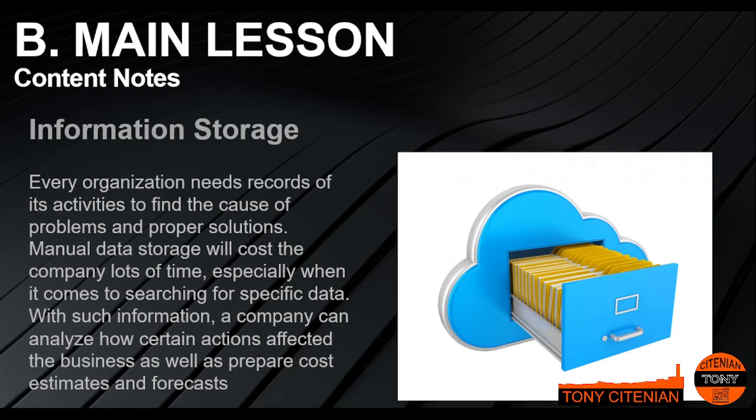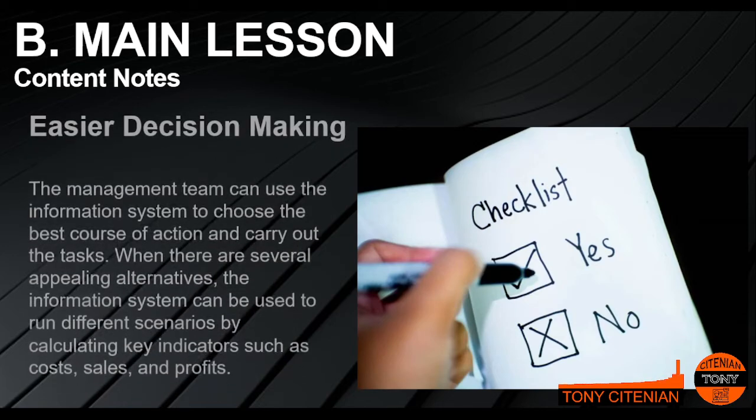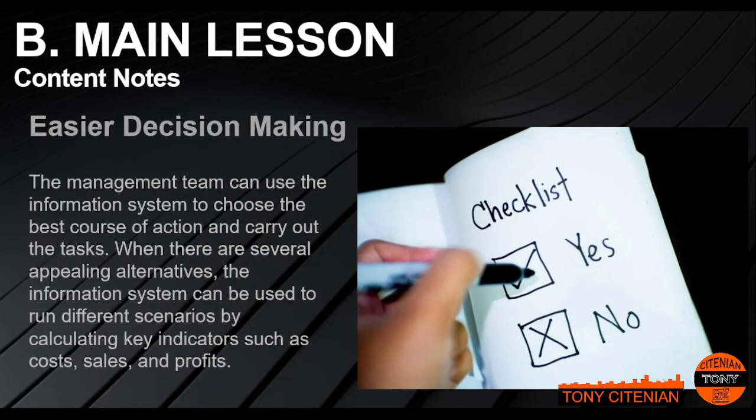So, easier decision making. Why? The management team can use the information system to choose the best course of action and carry out the task. When there are several appealing alternatives, the information system can be used to run different scenarios by calculating key indicators such as cost, sales, and profit. So as you can see in the record, it should not be printed or manually validated records, but that is only an illustration.